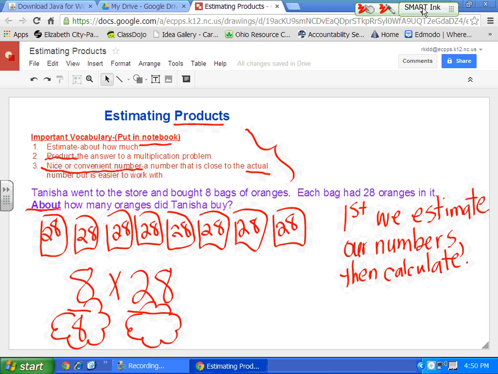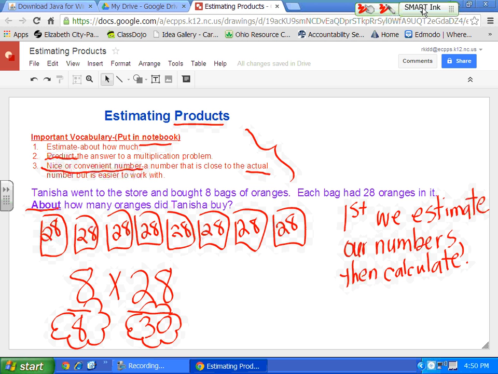What is a nice or convenient number, meaning a number that is close to the actual number 28, but would be much, much easier to work with? Think for just about 5 seconds. If you said 30, you are dead on. Fantastic. Way to go. Because 28 is only 2 away from 30.